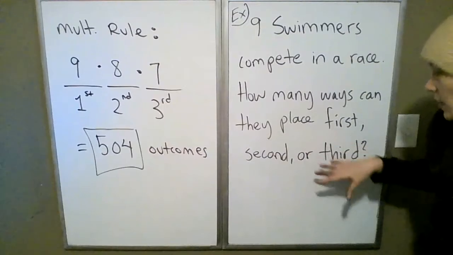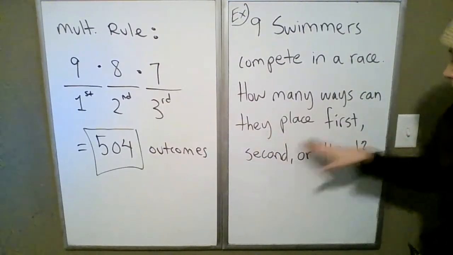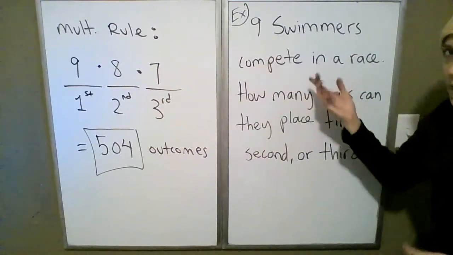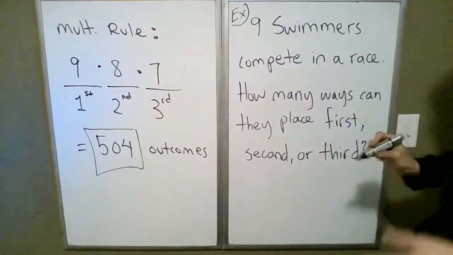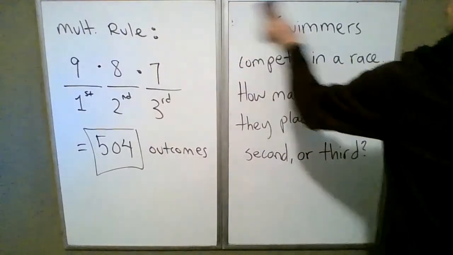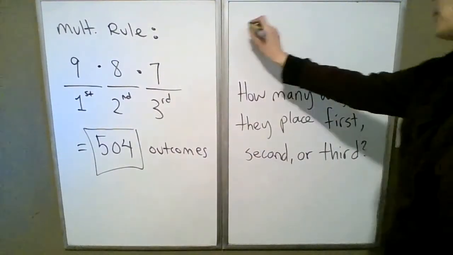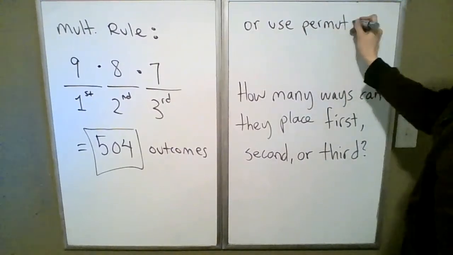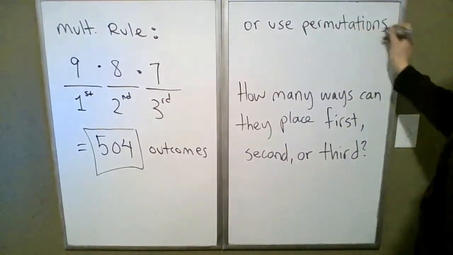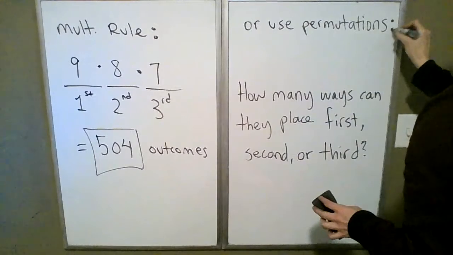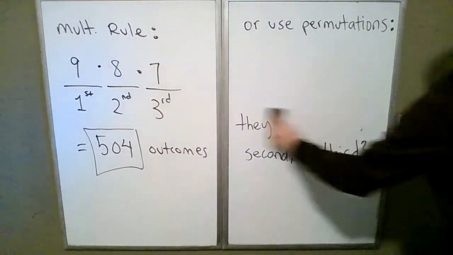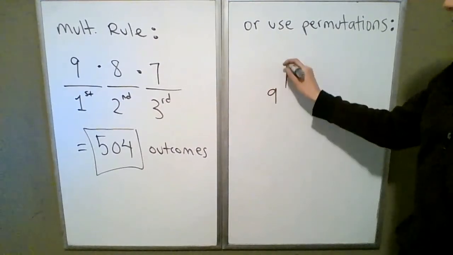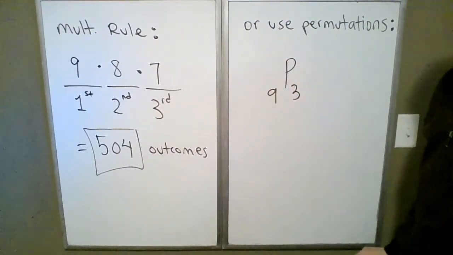So it's a permutation of 3 options out of the 9 swimmers. Out of 9 swimmers, we want to permute 3, choose 3 in a certain order.